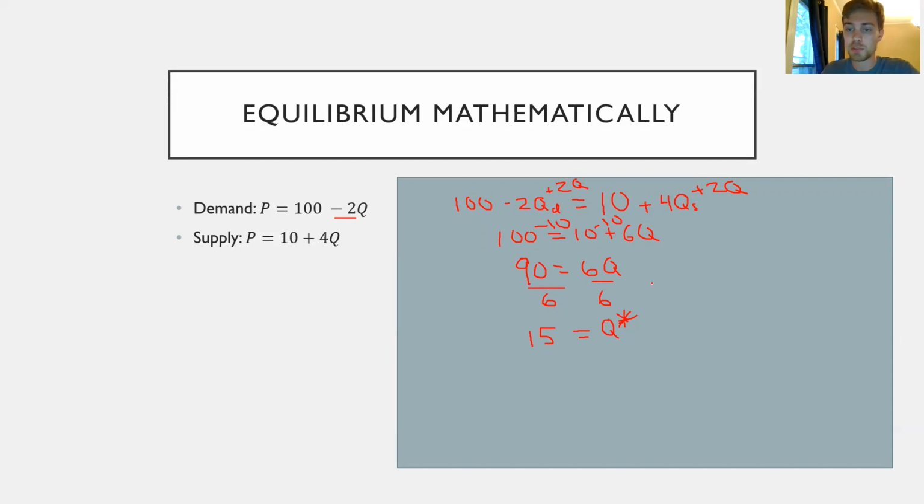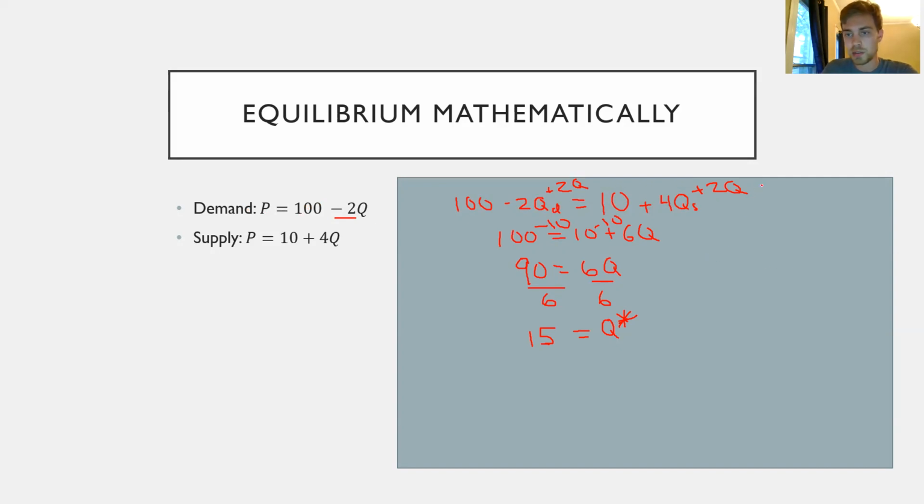And so we also might want to find our equilibrium price. Since the price is equal between the demand curve and supply curve at this quantity, we can plug this quantity into either equation and it should give us the same price. So that's what we're going to do. We're just going to plug it in first to the demand curve.